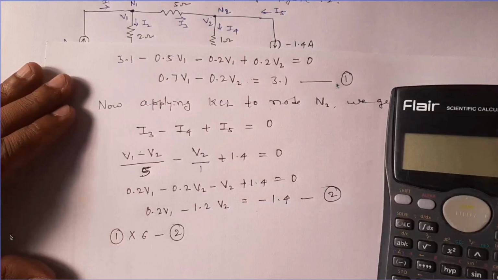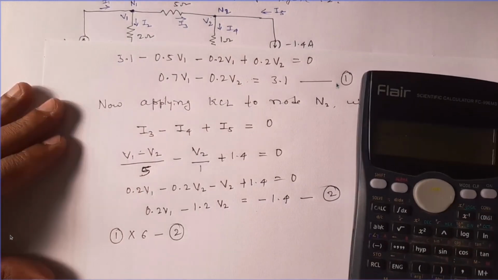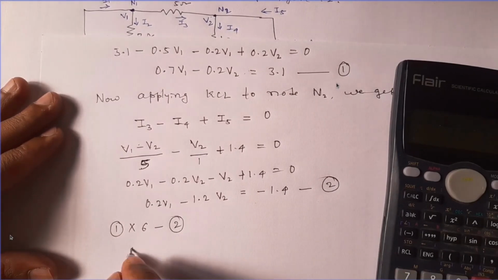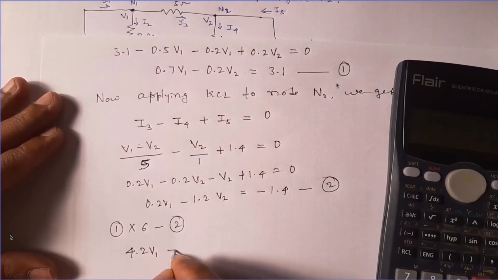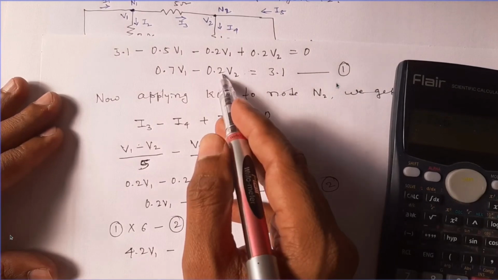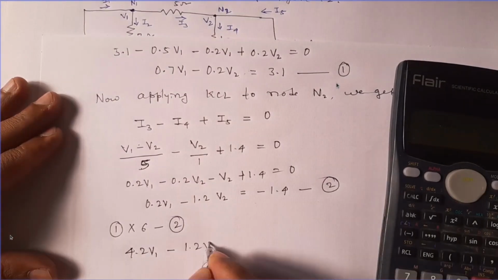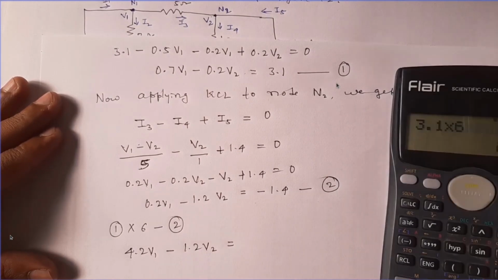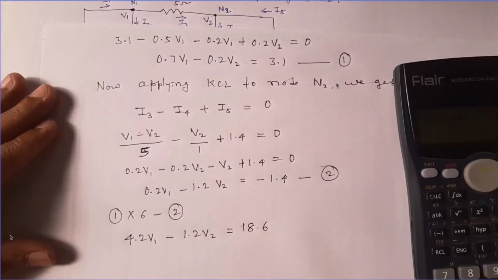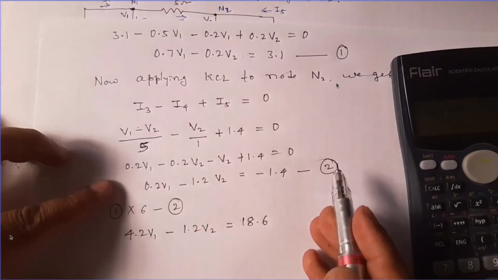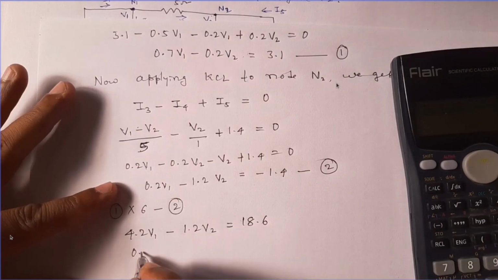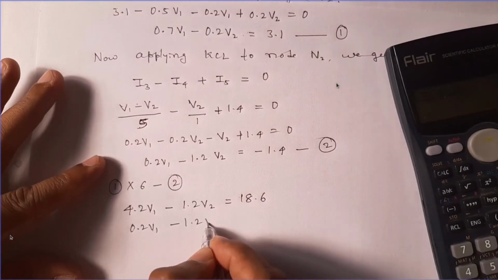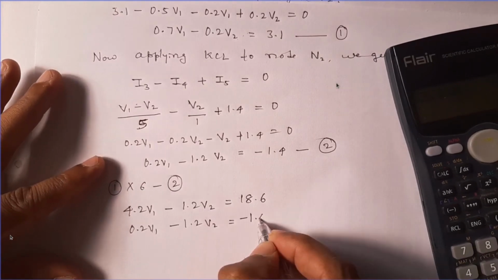Equation 1 is 0.7 V1, which multiplied by 6, so as to get common V2, is 4.2 V1, minus 0.2 V2 into 6 is 1.2 V2, is equal to 3.1 into 6, which is 18.6. And equation 2 is directly 0.2 V1 minus 1.2 V2 is equal to minus 1.4.